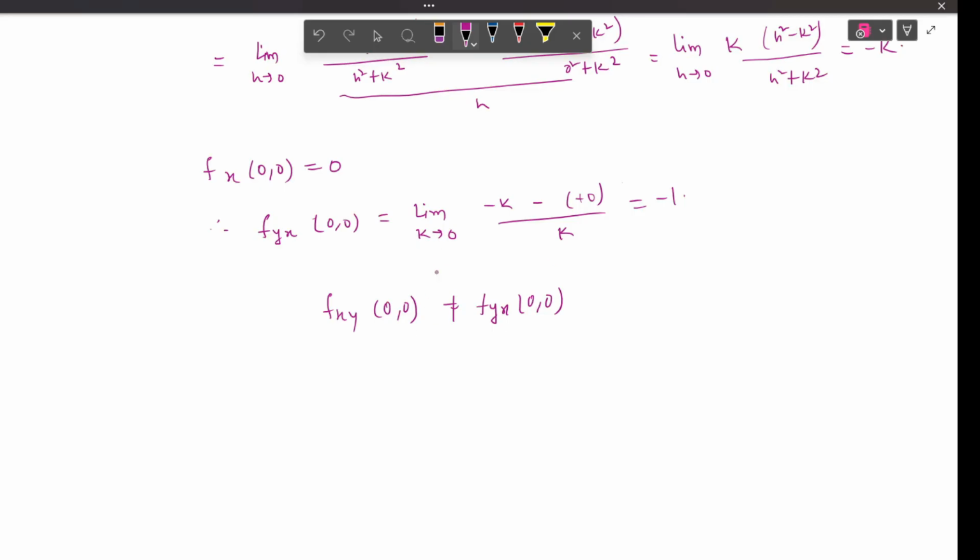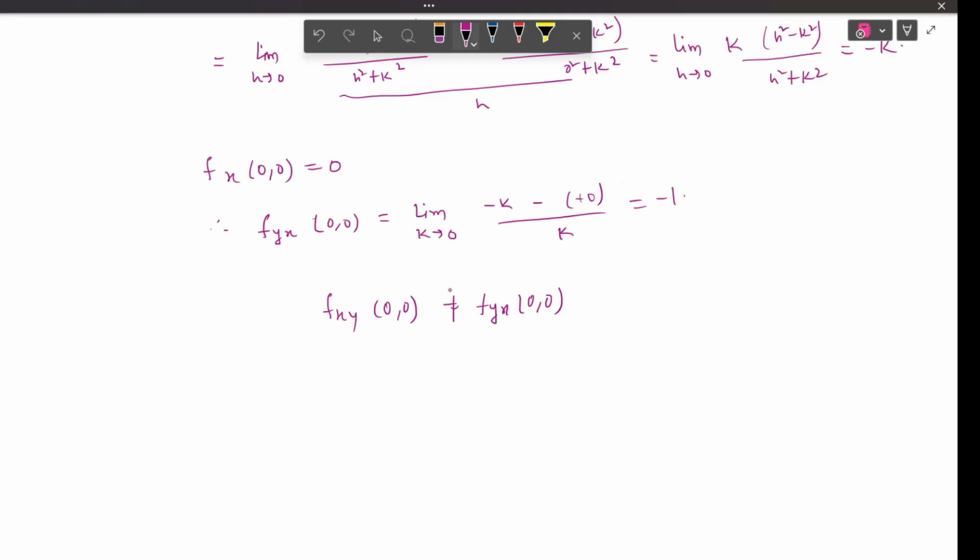Now see, from this question it is clear that f_xy(x,y) may not be equal to f_yx(x,y) for every function f(x,y). Okay. Now there are some theorems which state the condition under which the above equality holds. Among those theorems, the Schwarz theorem is considerable.